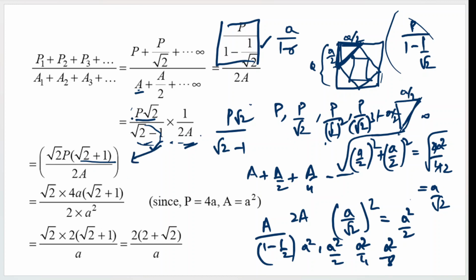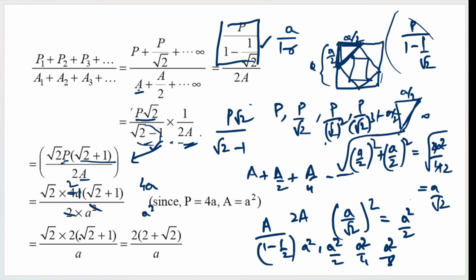Now, the perimeter is originally 4a when a is the side, and the area is a square. Let's replace P with 4a and capital A with a square. If you simplify, a cancels, and the 2 goes 2 times.